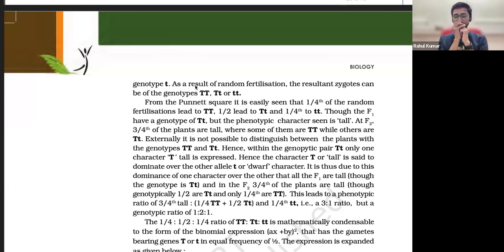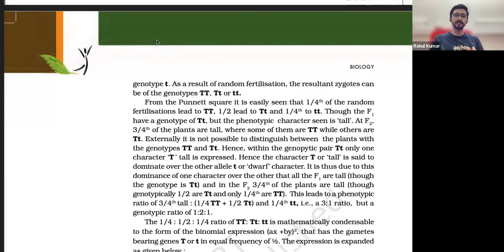Sixth sense? What they're asking you is, what fraction in terms of percentage or even in fraction? The question could also be what percentage of the tall progenies in the F2 generation?